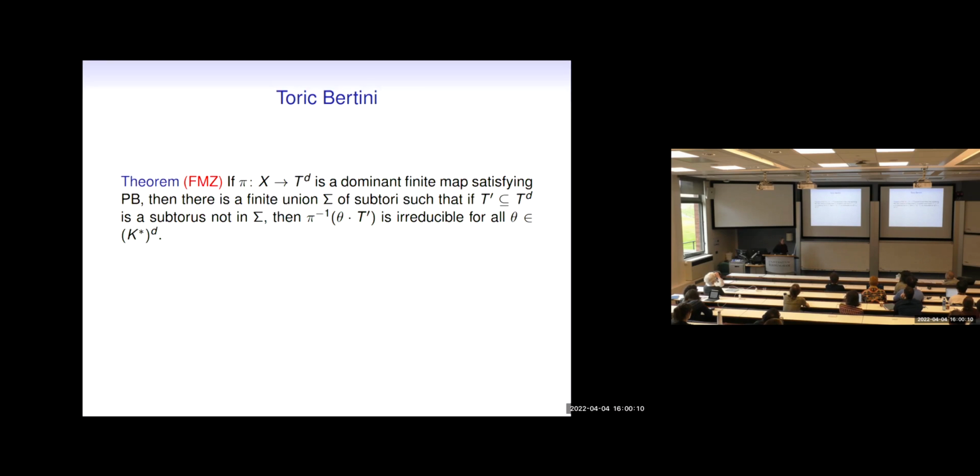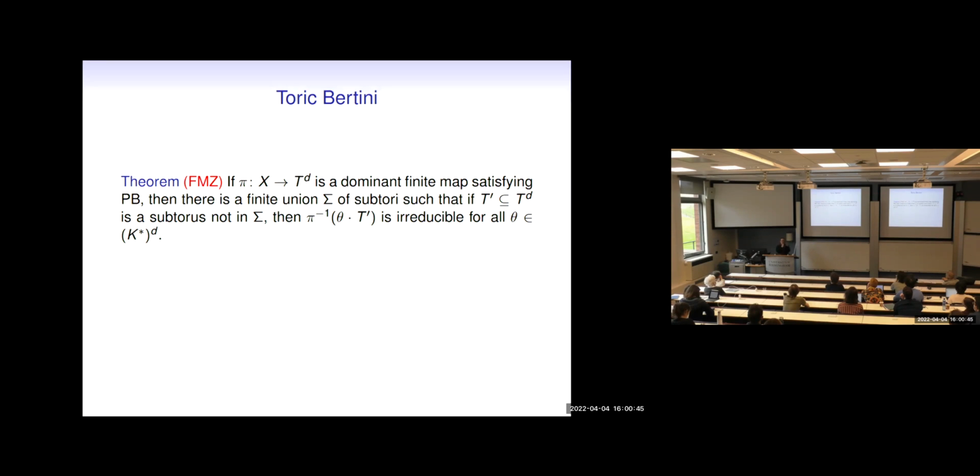So the justification for the condition is this theorem. What do Fuchs, Mantova, and Zannier say? They say if we have a dominant finite map of X onto a torus that satisfies this PB condition, then there are only a finite number of bad subtori downstairs. As long as you avoid those, the preimage will intersect X in something irreducible.